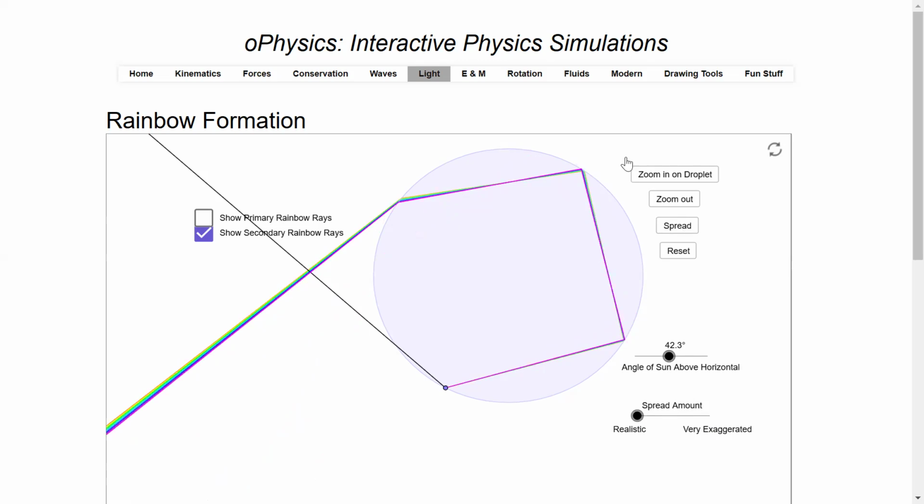So what are the concepts here? Reflection, refraction, dispersion, and total internal reflection are also there. Dispersion means splitting of white light into its constituent colors.